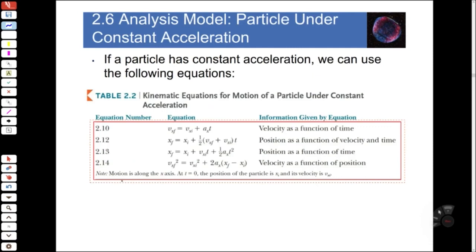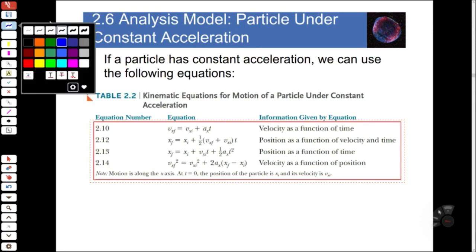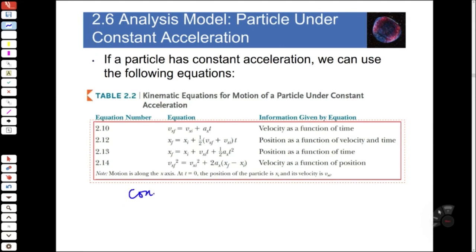Now here comes the most important part of this chapter, and that is for a constant acceleration, you have these four expressions. You have to almost memorize them, for example, to prepare for the exam.